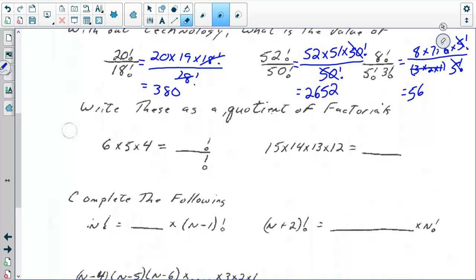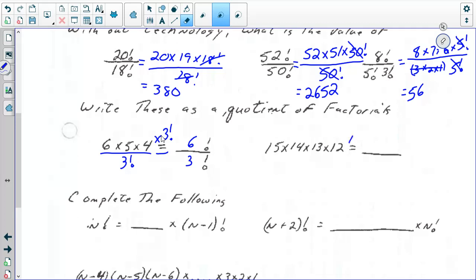So what do we get for 6 times 5 times 4? What would you write that as a quotient of these factorials? Okay. You can see that we probably crossed off 3 factorials. So this is going to be equal to 6 factorial over 3 factorial.